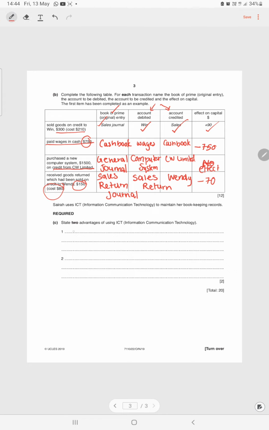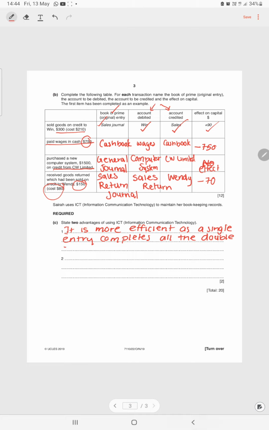One thing is, it is more efficient, as a single entry completes all the double entries. What that means is, you don't need to do the double entry yourself.